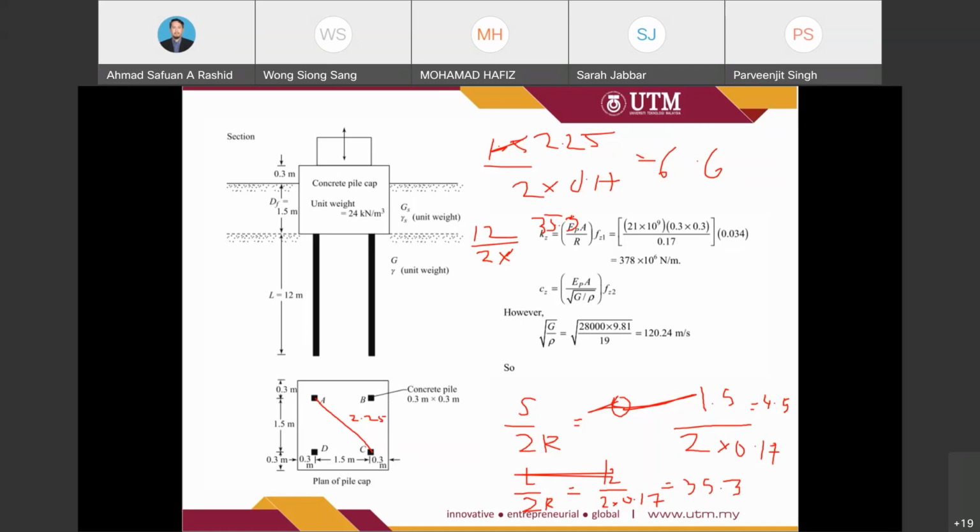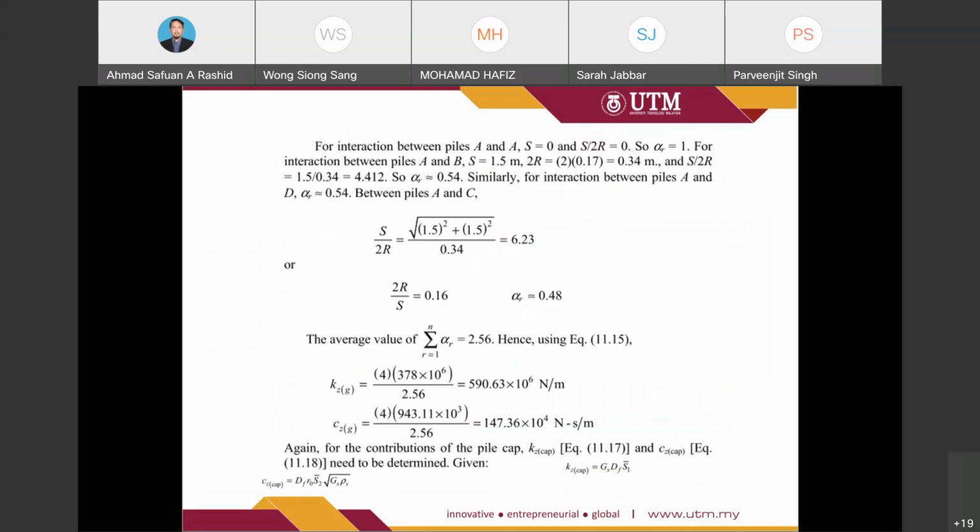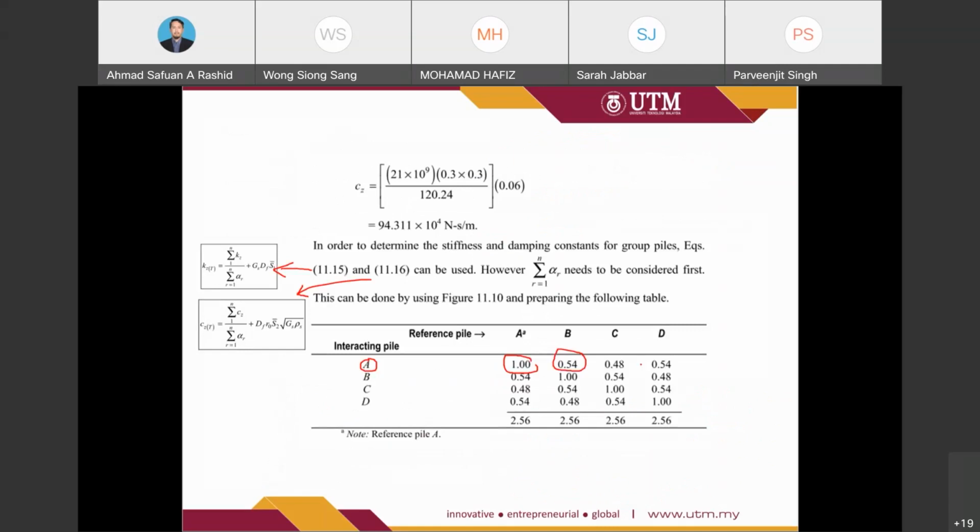The value is less than the previous one, where we obtained 0.5 something. So for this case, most probably 0.4 something. They obtain 0.48, and A to D is the same, which is 0.54.